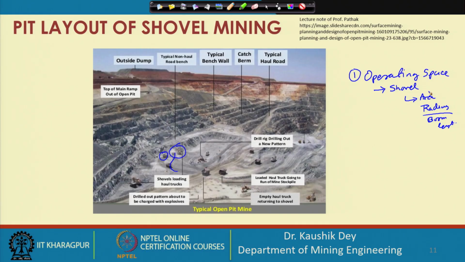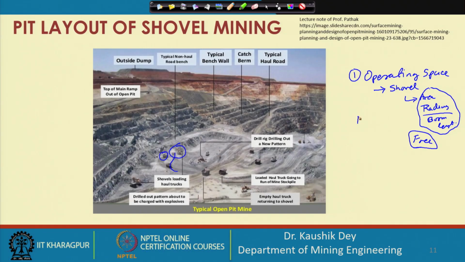Whatever area is available considering the boom length as the radius, that must be free, and no machine or manpower will be placed there, so that they will not pose any safety hazard in the operations of the shovel.